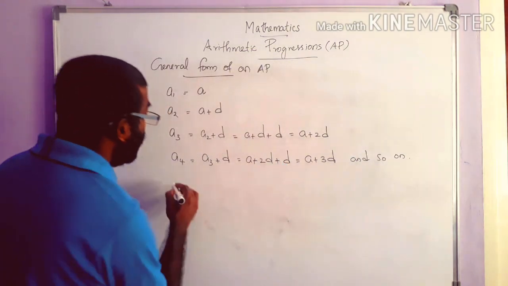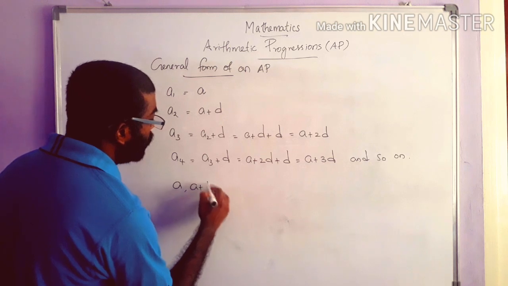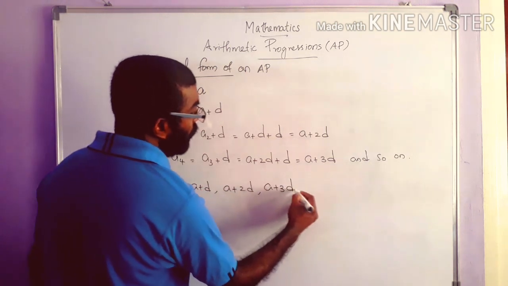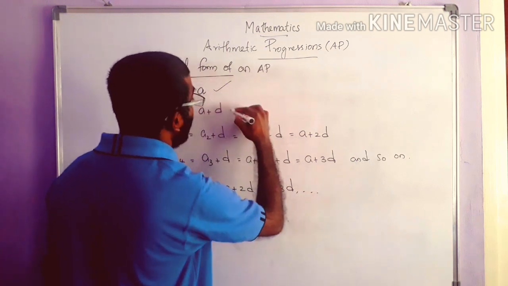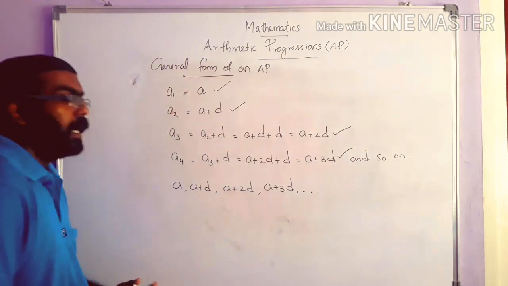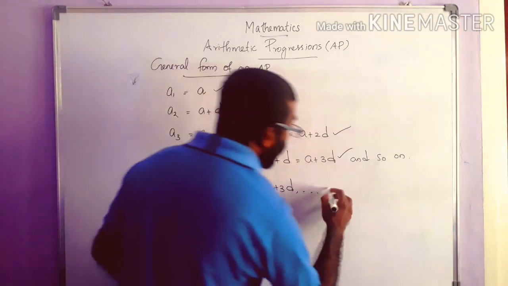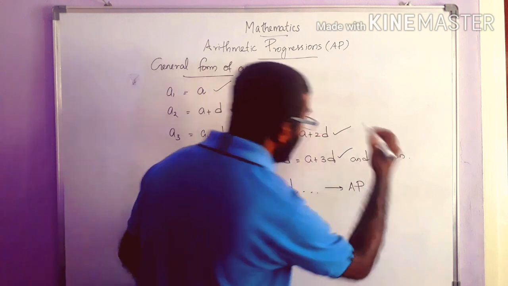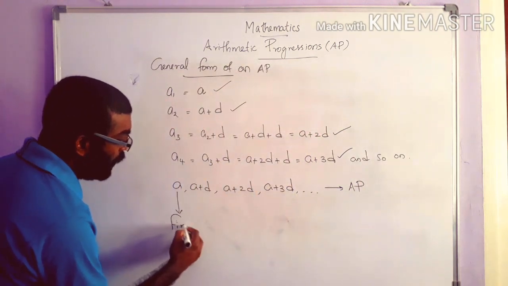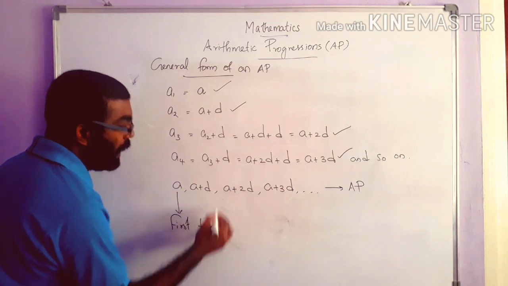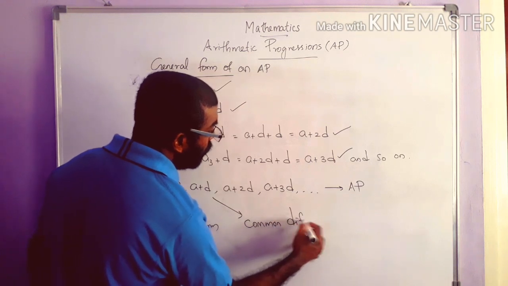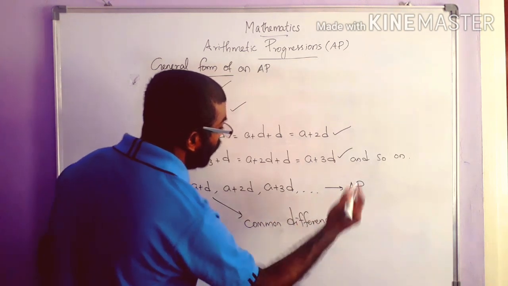You can see that a, a plus d, a plus 2d, a plus 3d, etc. represents an AP with the first term a as the first term, and common difference d as the common difference.